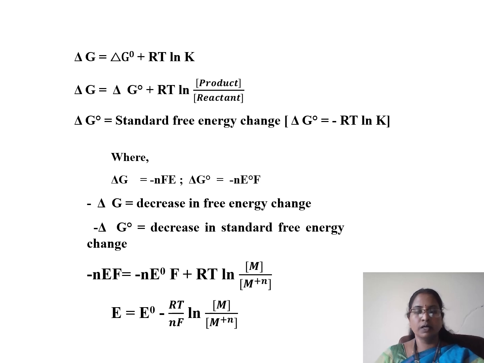for a general redox chemical reaction, M is the product and Mn plus is the reactant. So NF is the common term. By cancelling NF on both sides, we get E equals E0 minus RT by NF into ln of metal concentration by electrolyte concentration.